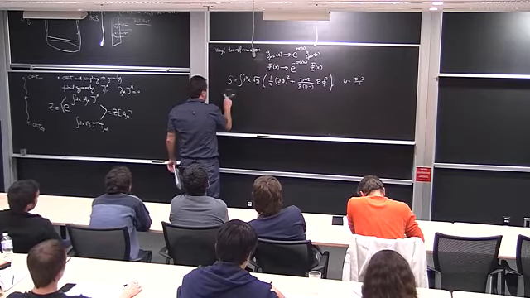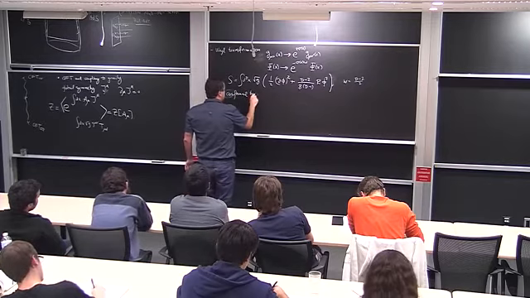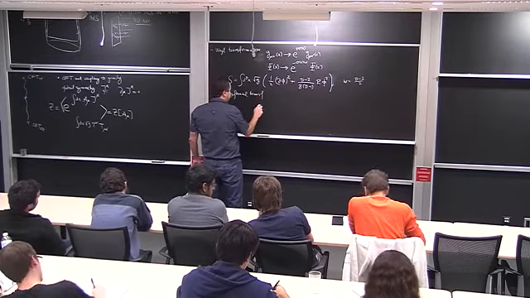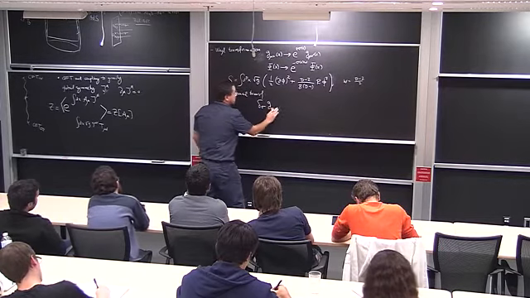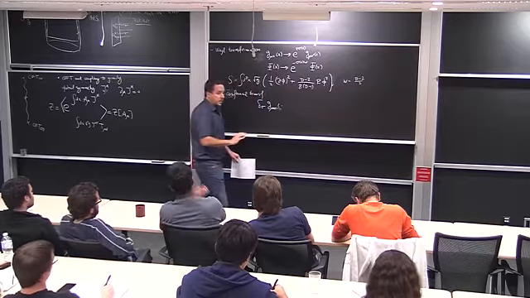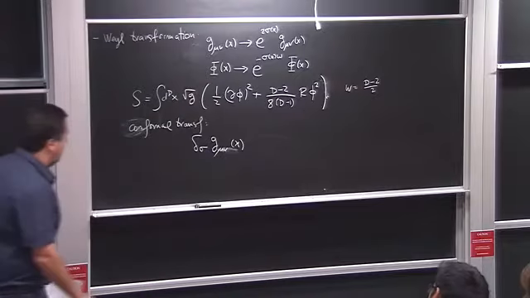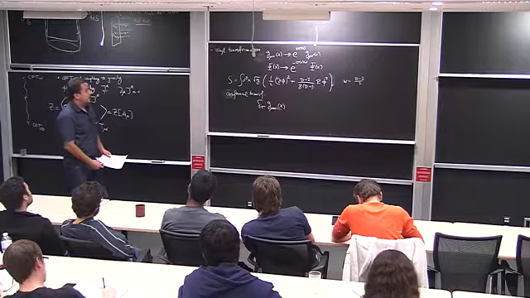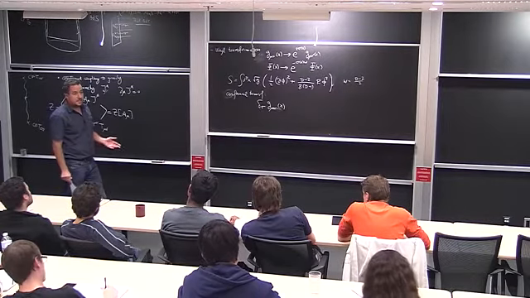A conformal transformation can be thought of in the following form. First we do an infinitesimal Weyl transformation. I could also do finite, but let's not worry about that. And you ask, can I do a compensating diffeomorphism such that the metric is invariant?